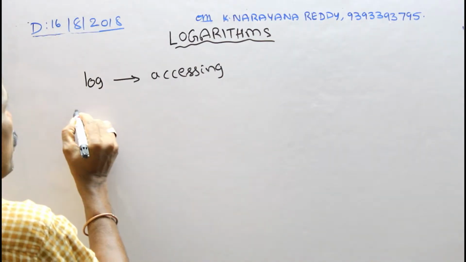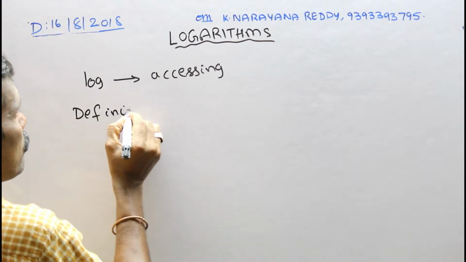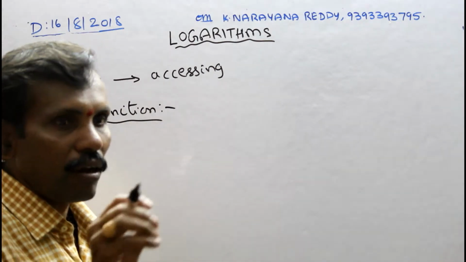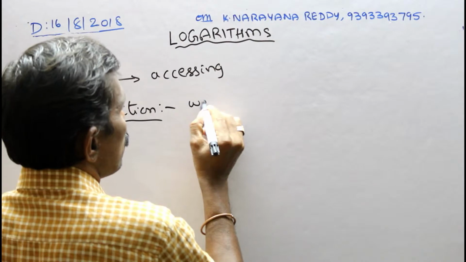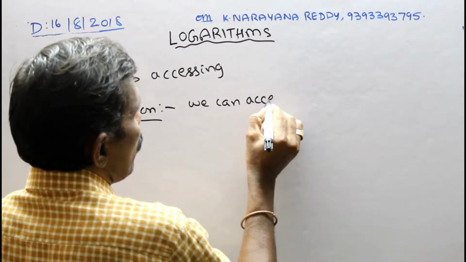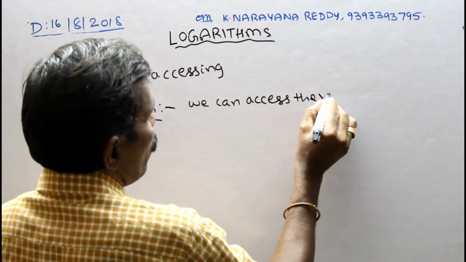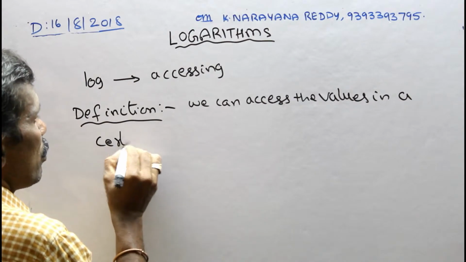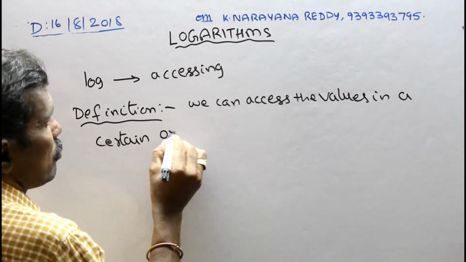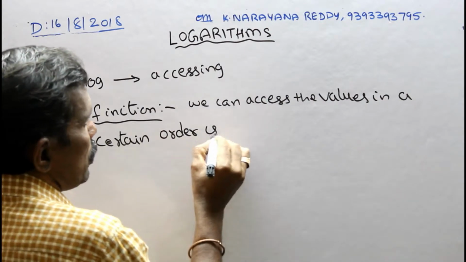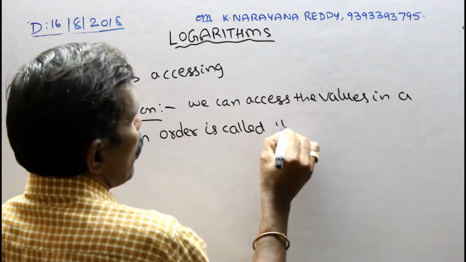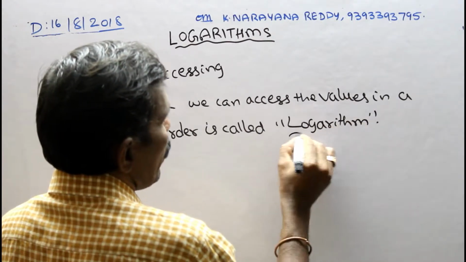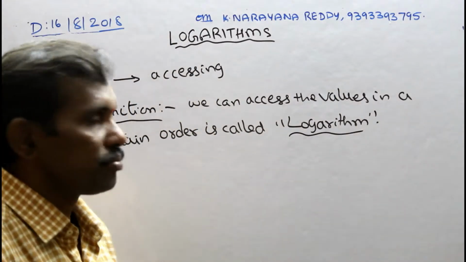So the logarithm definition is: we can access the values in a certain order is called logarithm. This is the definition of logarithm.